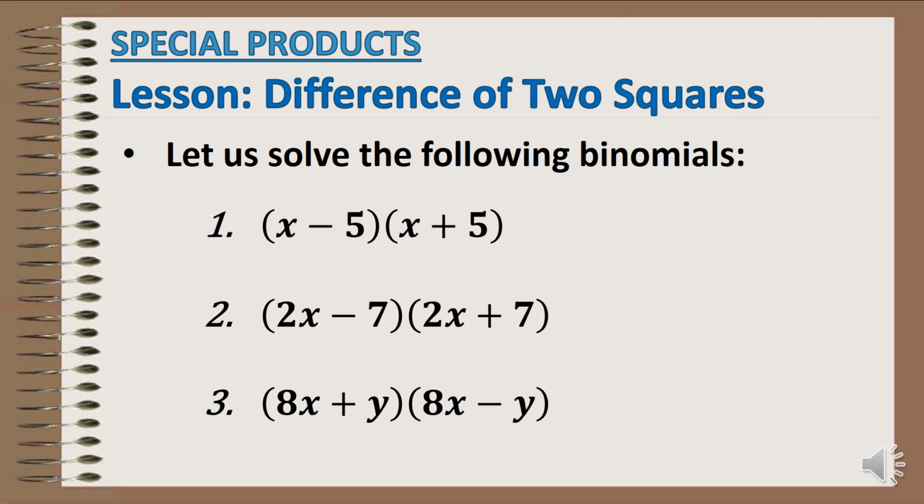Let us now solve the following binomials. The quantity of x minus 5 times the quantity of x plus 5. We have the quantity of 2x minus 7 times the quantity of 2x plus 7. Another one, we have the quantity of 8x plus y times 8x minus y.